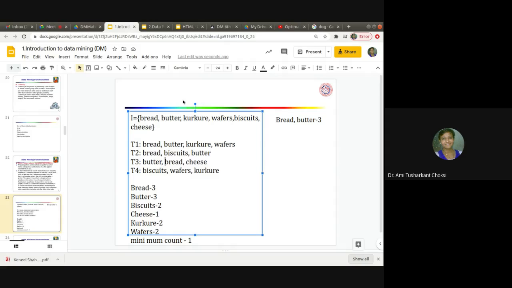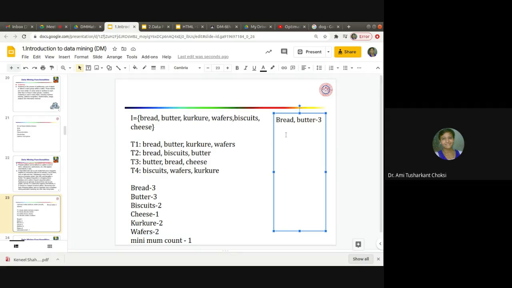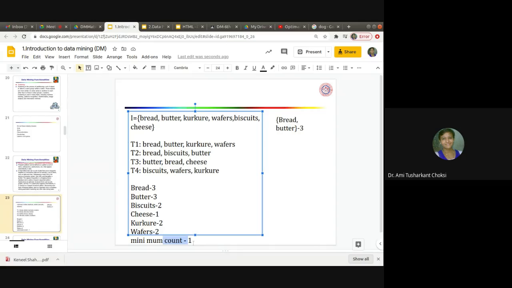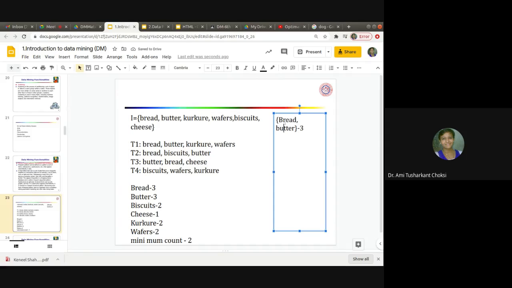So if I want to consider the two items together, that is bread and butter, what is the count of it? They are appearing three times in the available transactions, right? And whether it is crossing the minimum count or not, yes, because we have considered the minimum count as 1. If it is say 2, then also it is crossing. So the bread and butter pair also is frequent, right?